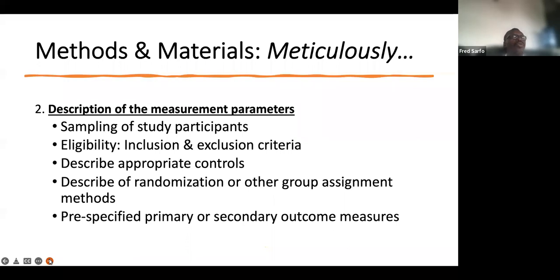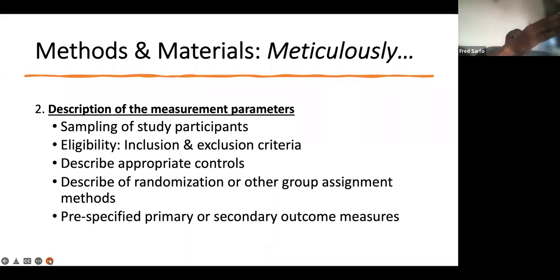And then when it comes to outcomes, you must be able to say that your outcomes were pre-specified, particularly with clinical trials. And even when you are doing case control studies, you must be able to tell that this was the outcome that I was looking at.